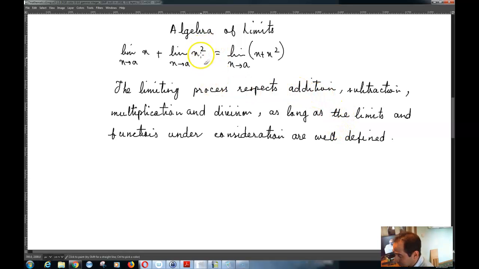Now, of course, we need a little bit more information about the limiting process, so that we can understand why the limiting process basically respects addition, subtraction, multiplication, and division. And that sort of information we don't have yet, because there are a couple of loopholes in the limiting process that we don't understand yet.